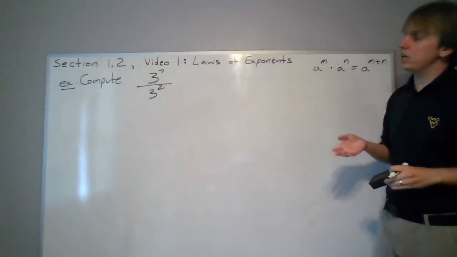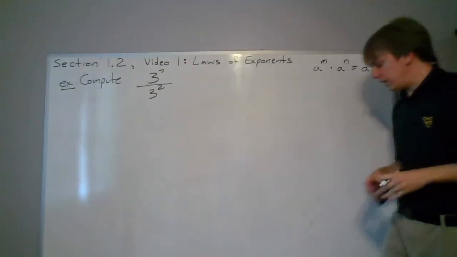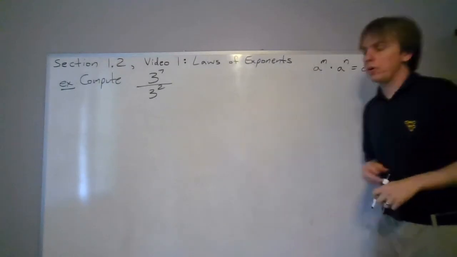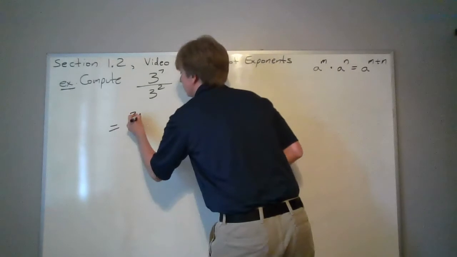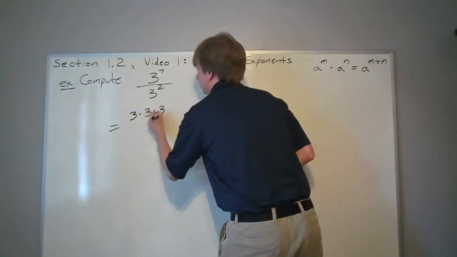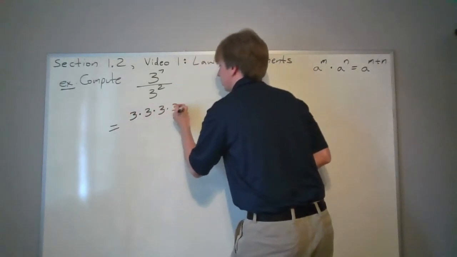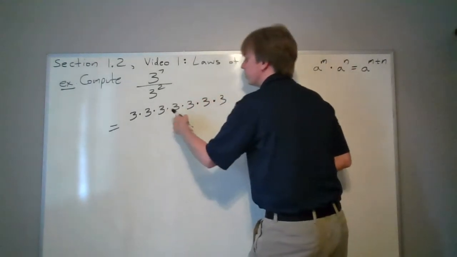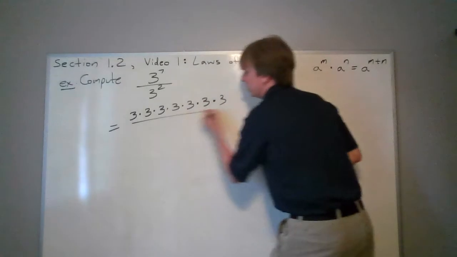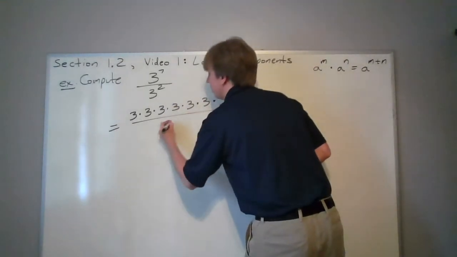I'm going to use the same strategy, rewriting each exponent as a product of a bunch of numbers. So 3 to the 7th would be 3 times itself 7 times. One, two, three, four, five, six, 7 3's. 3 squared would be 3 times 3.